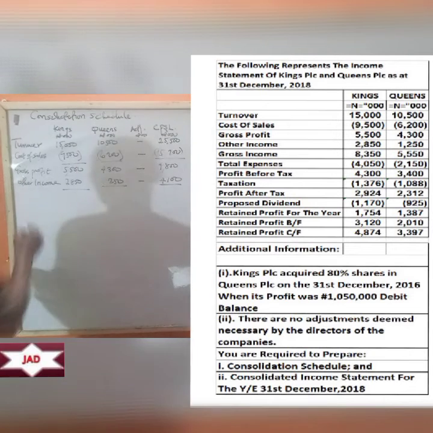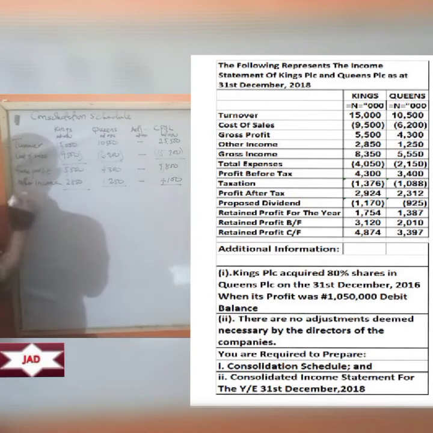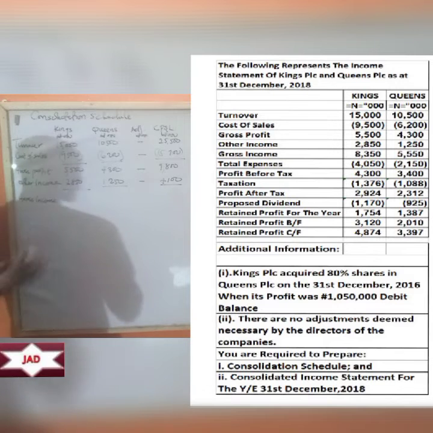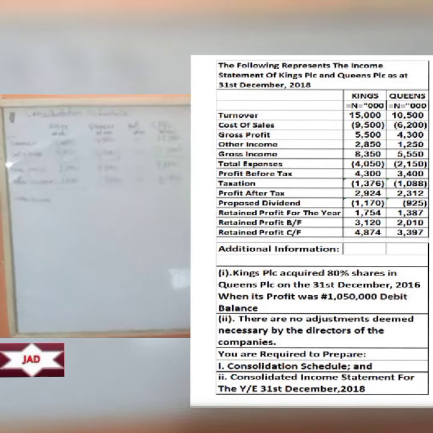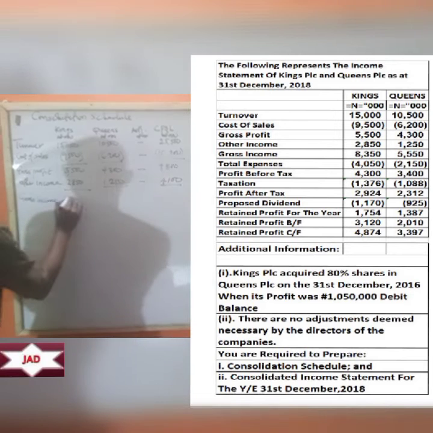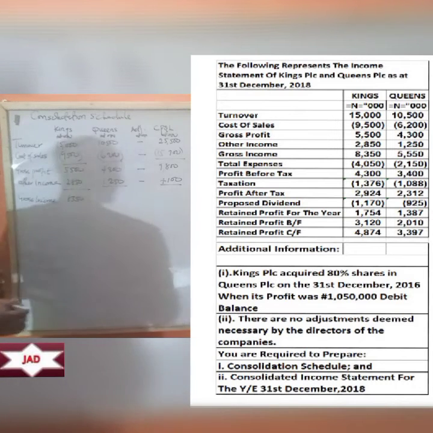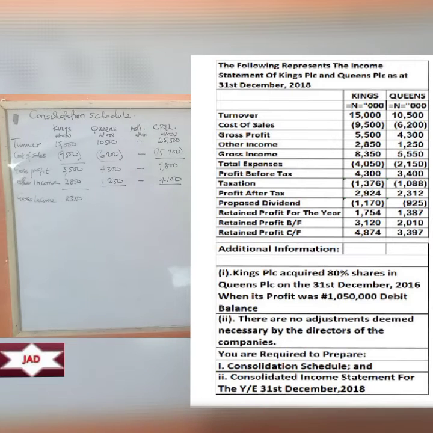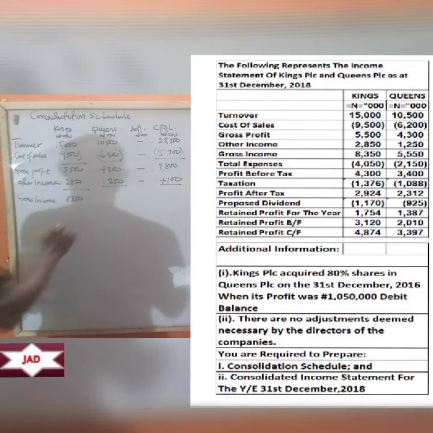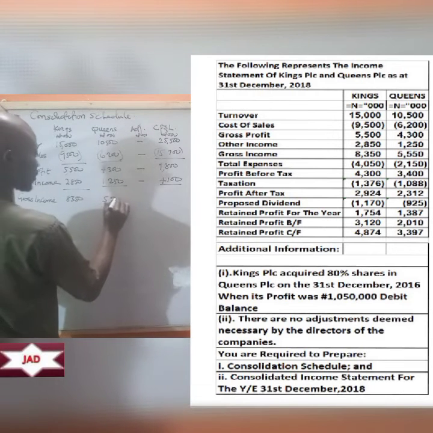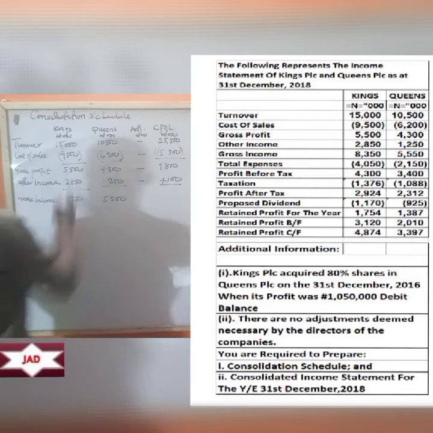They used gross income here: 8,350 and 5,500. Of course, that's the addition of this and this.